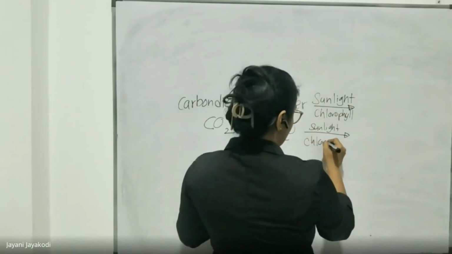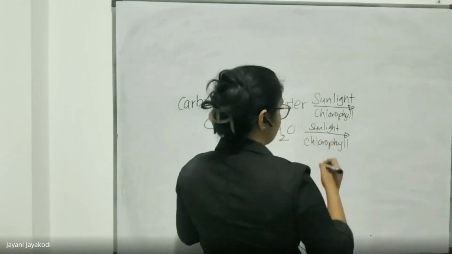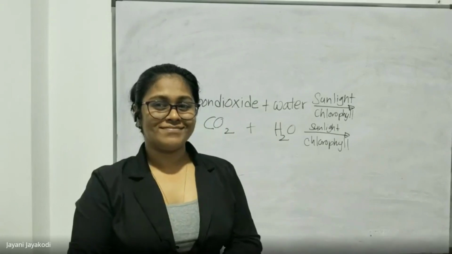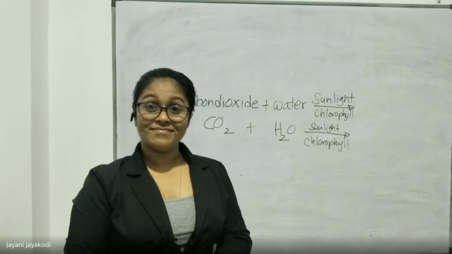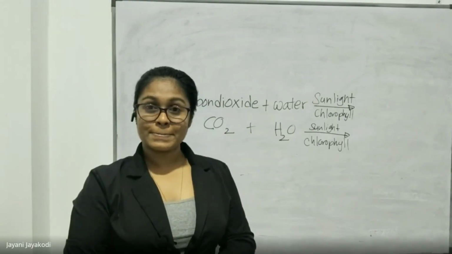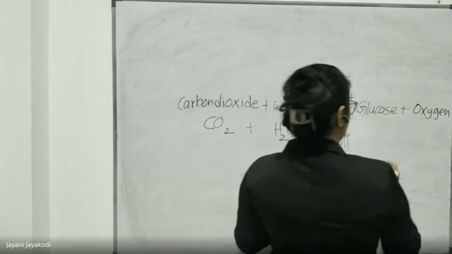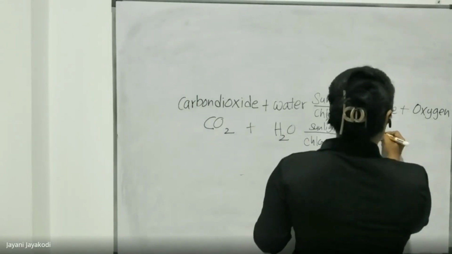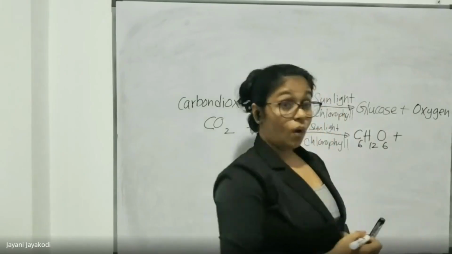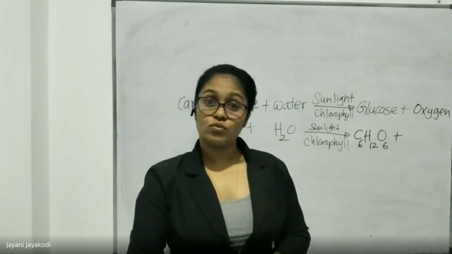Okay, what is the main product? Main product: glucose. Keep it in your head. C6H12O6. How to write oxygen? O2.